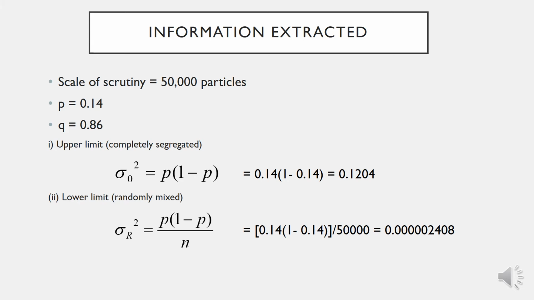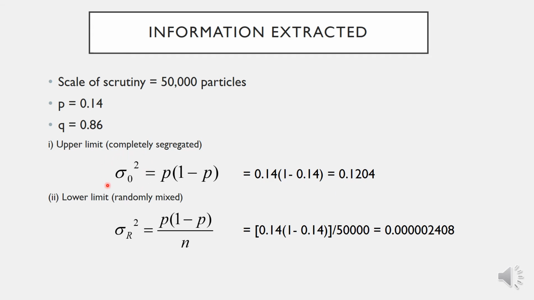When we run a marathon, we have the starting point as well as the end point. In powder mixing, the starting point is completely segregated. When we first dump the powder into the container, 14 kg of drug and 86 kg of excipient, that is a time which is completely segregated.